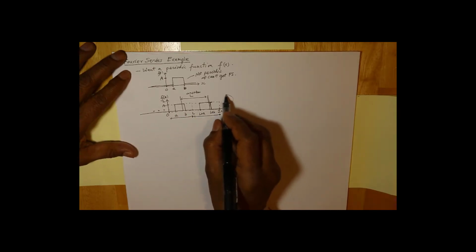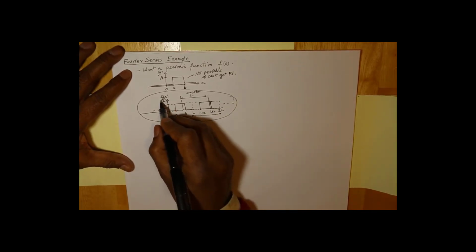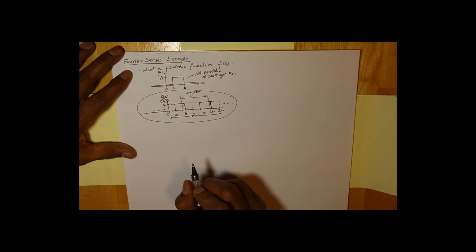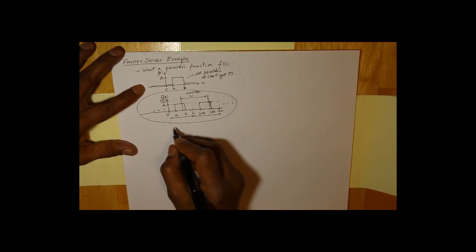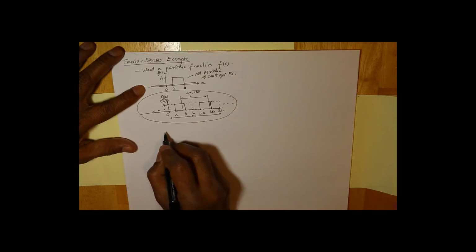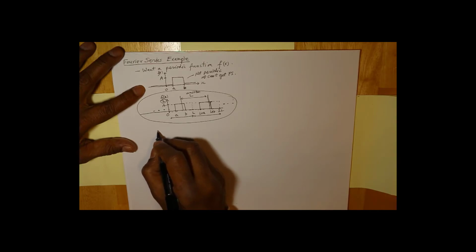So suppose I wanted to work out the Fourier series of this. We already have a period, and we have the function. So we know what we need. We need sines and cosines of this period. And so let's write this down. I have f(x) in one period.